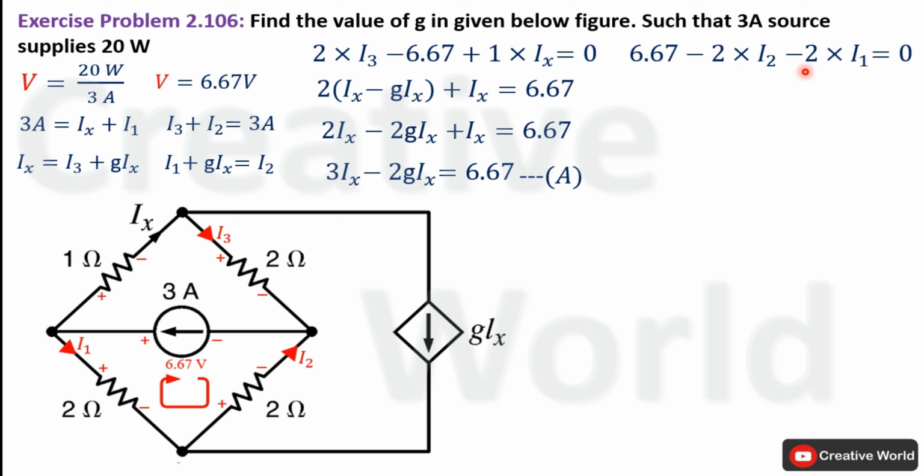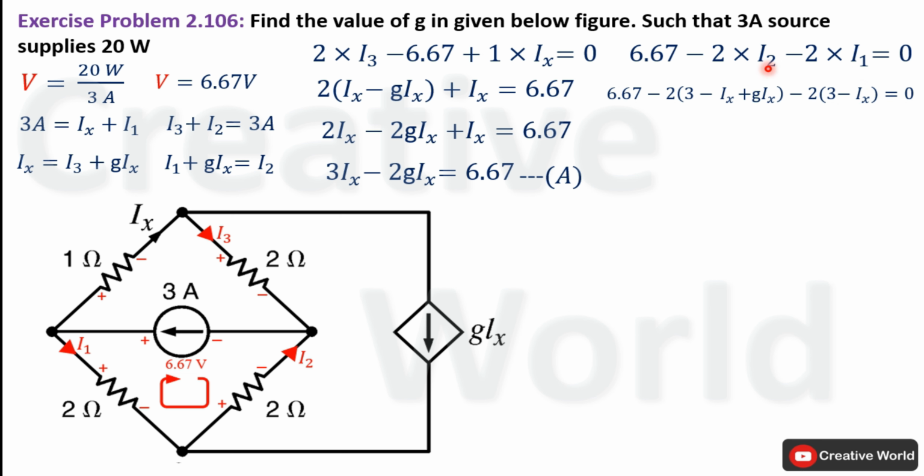Again, in this equation, we will try to replace these two current values in terms of current Ix so that we can further solve this problem. We can find the value of current I1 using this equation by placing Ix on the other hand side of equal. The equation for current I1 will become 3 minus Ix. So replace this I1 with 3 minus Ix.